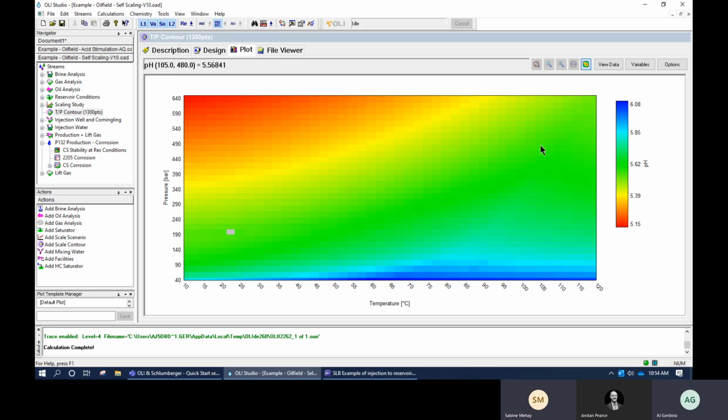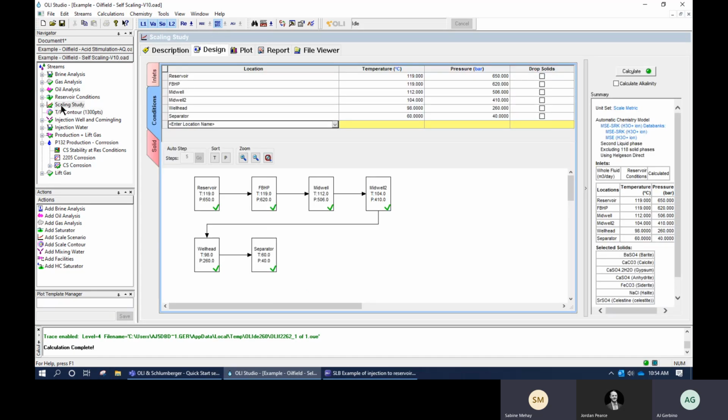One of the things we do, I'm sorry, go ahead. A question, because I was still thinking about my previous question, about the fact that some species will drop out by the time they reach the surface, and what you measure does not necessarily represent the water composition at reservoir conditions, just because you don't know some of it.